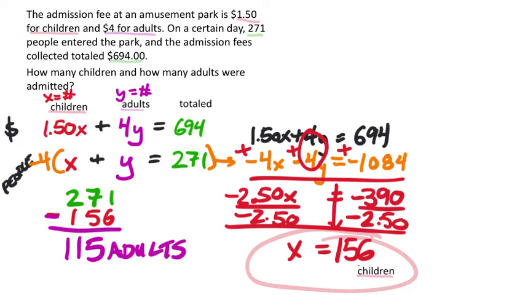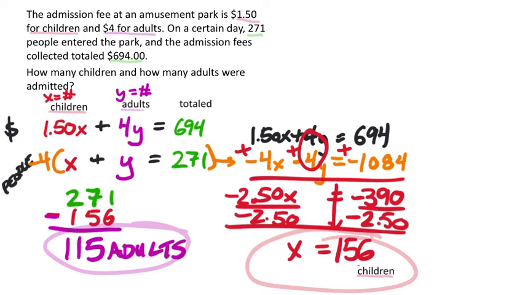But let's go ahead and check. 115 plus 156, enter, and we do get 271 people. This equation checks off. If I replace x with 156 and y with 115, I get a true statement. What about this one? I'm going to replace the x with 156, y with 115.